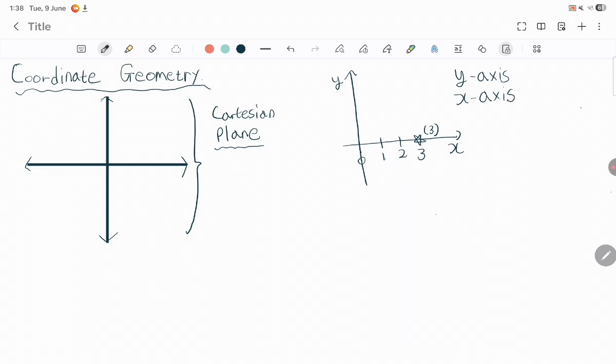These two axes meet, and there's a point there, which is the most important point on this plane: the origin. And the coordinates of this point are 0, 0.